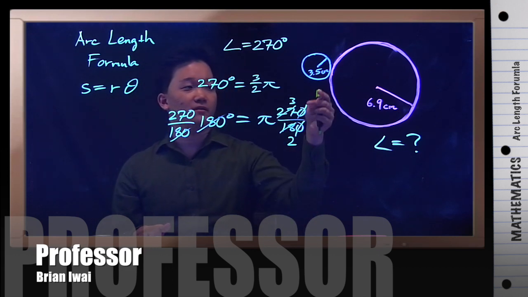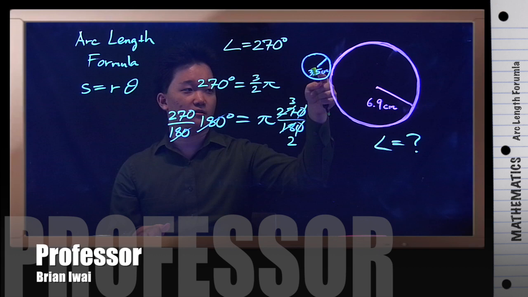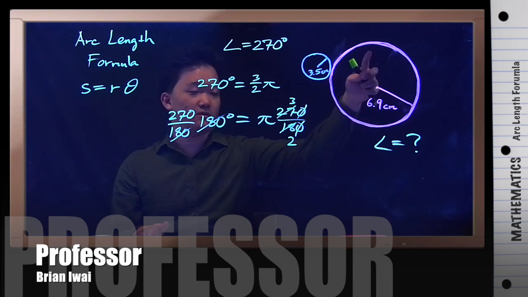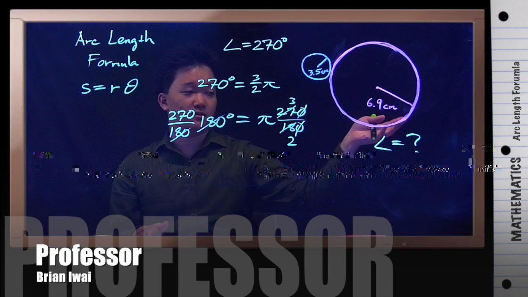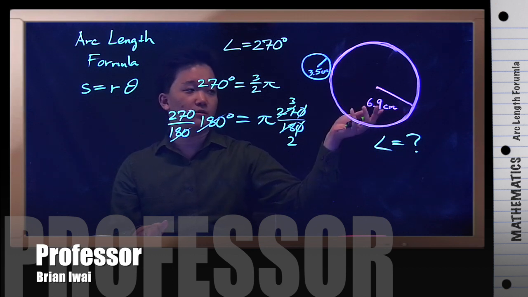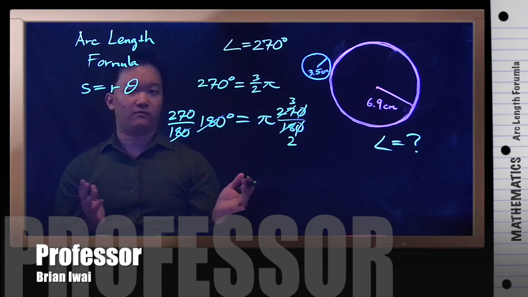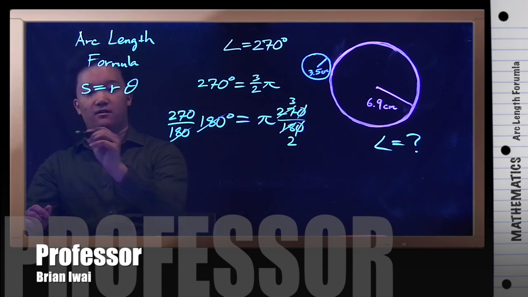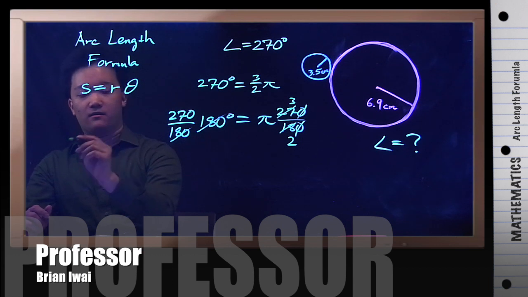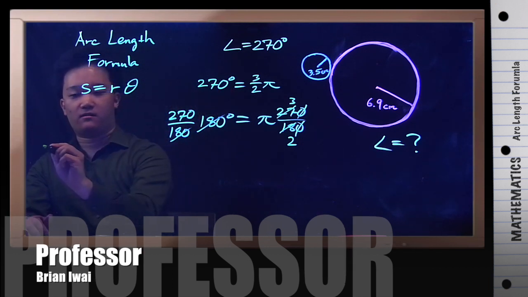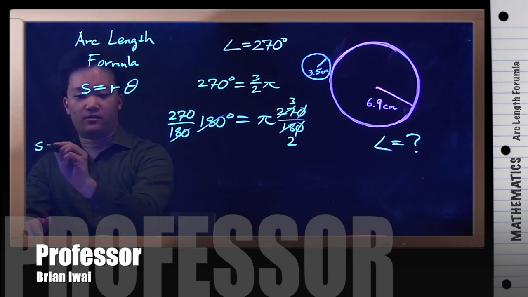If this small gear rotates a certain number of degrees, the distance that it goes is going to be the same as the bigger gear, but the only difference is the angle that the bigger gear rotates through is smaller. So the distance is the same for both of them. Here is the arc length formula for the small gear. It's going to be S, which I don't know.